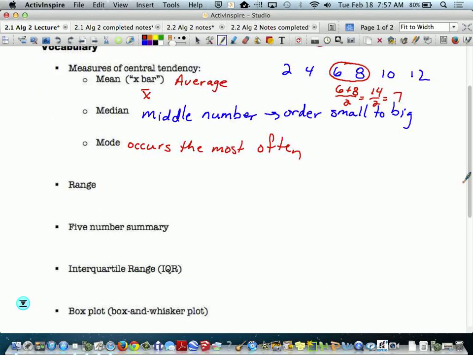Now, I'm going to draw something just to show you what I'm talking about. So if you had something like this, this was 3, this was 5, this was 7. Which one occurs the most? 5, right?